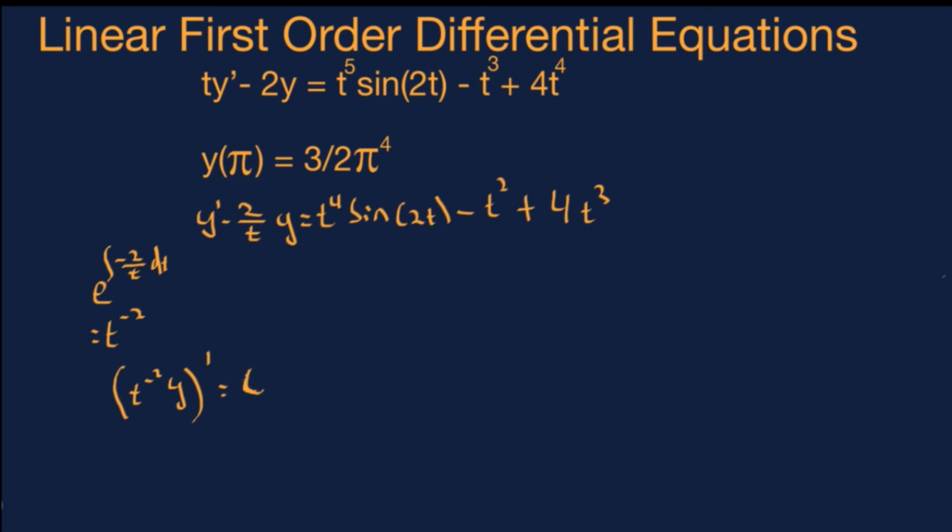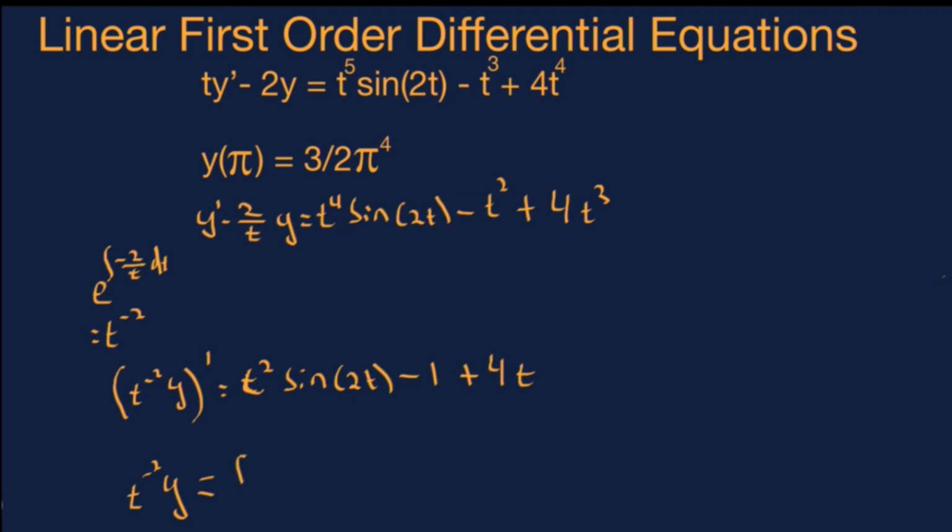that would give you t squared times sine of 2t minus 1 plus 4t. And so now when we integrate both sides, the left side becomes t to the -2 times y, and on the right side we can actually split it into the sum of two integrals.